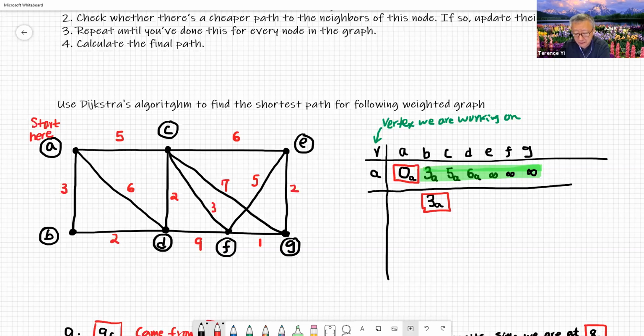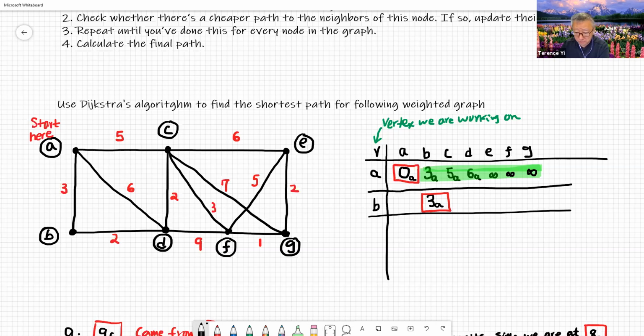Okay, let me just put it nicely. Okay, but 3A comes from the B vertex, right? So what we are working on now is going to be the B vertex.